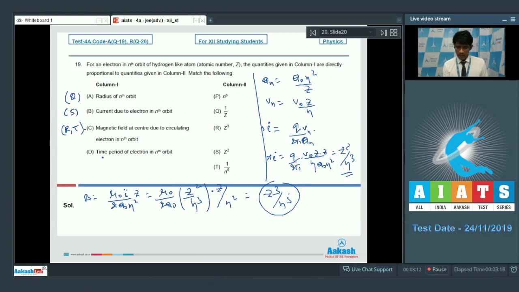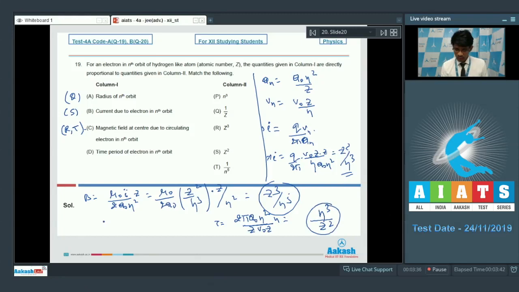Fine. Time period of the electron in nth orbit. It would simply be how much it is? Total distance it is 2 pi an, a0 n square divided by z, divided by speed, that is v0 z by n. So the proportionality is coming out to be n cube divided by z square.